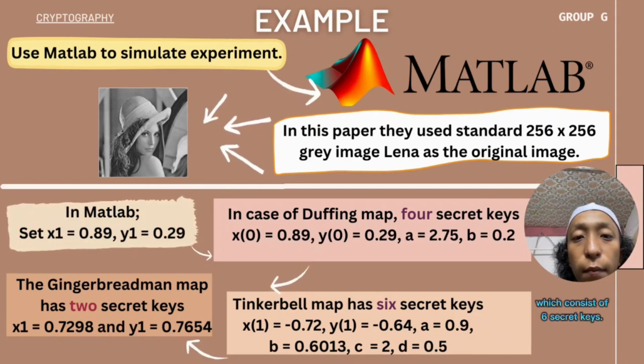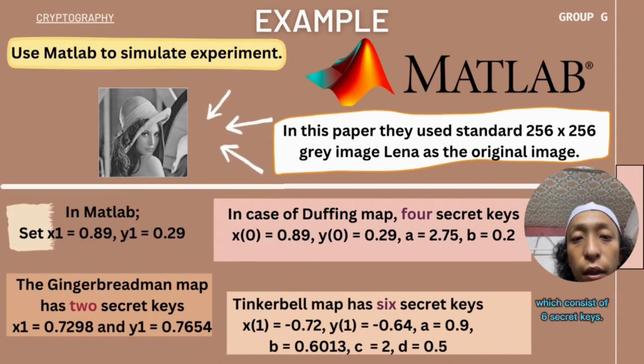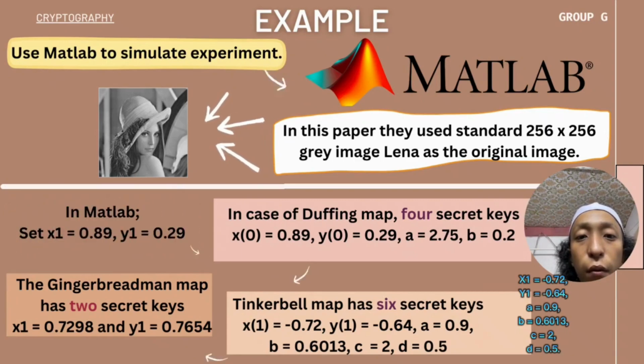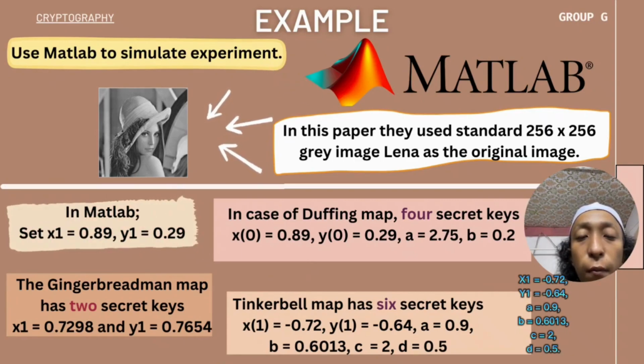Continue with the Tinkerbell map, whose secret key is x1 equal to negative 0.72, y1 equal to negative 0.64, a equal to 0.9, b equal to 0.6013, c equal to 2, and d equal to 0.5.